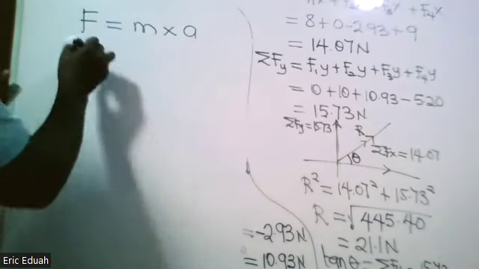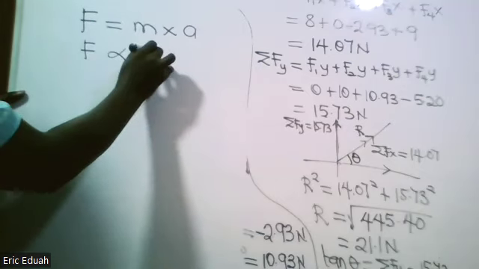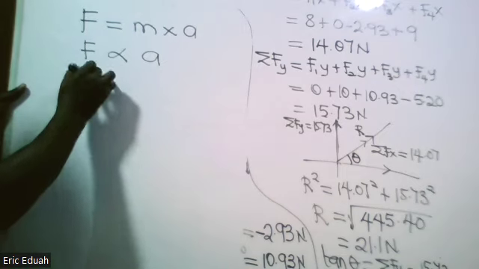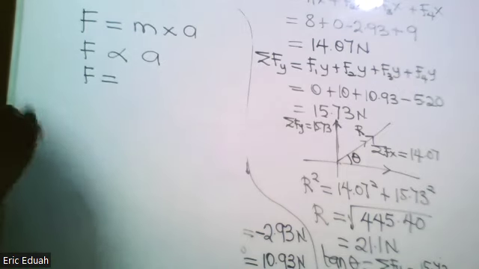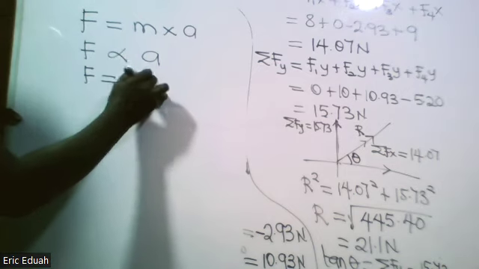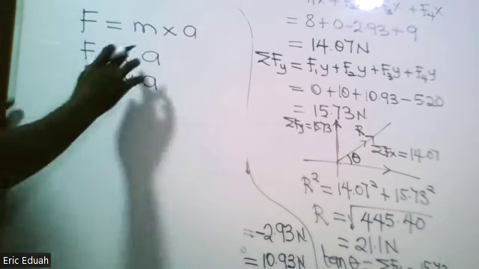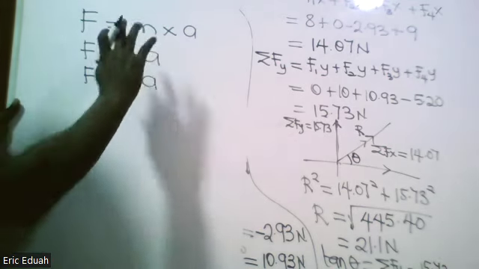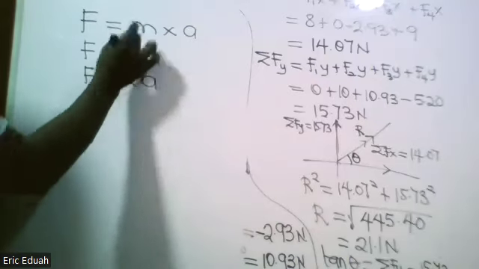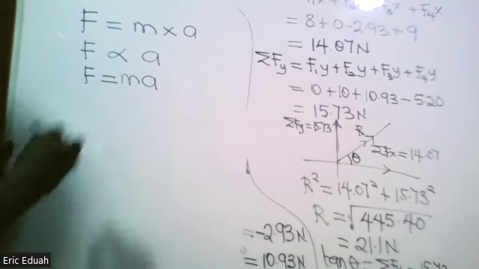I just said F, the resultant force, is directly proportional to acceleration. Whenever you have this proportionality and you introduce an equal sign, there is a constant of proportionality. The constant is the mass of the body, which doesn't change from place to place.